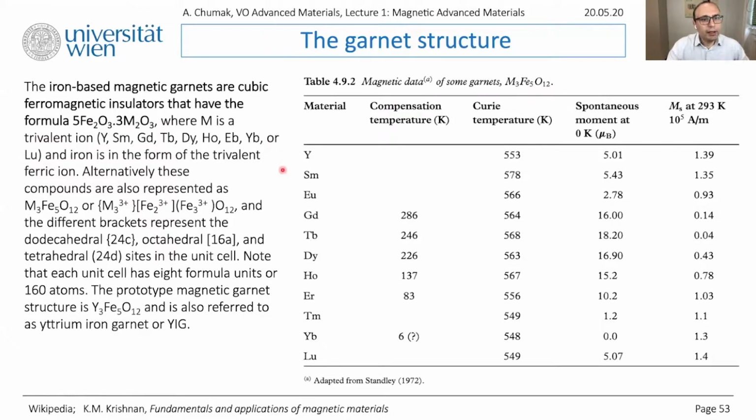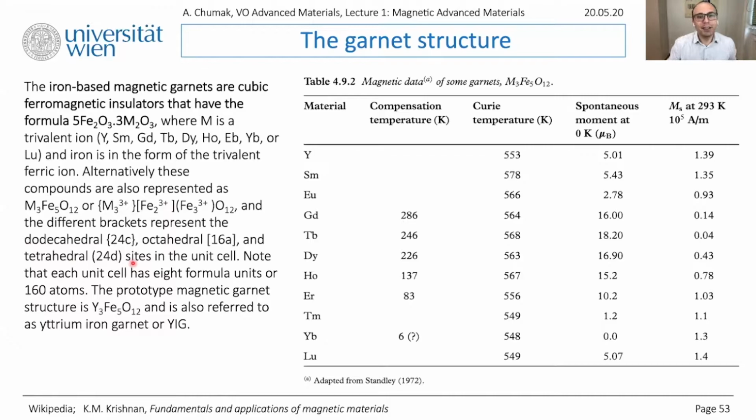Yeah, so again, this is a cubic structure, and you can split it in such a formula: M3 3+, Fe2 3+, Fe3 3+, O12. And different brackets represent the dodecahedral 24c, octahedral 16a, and tetrahedral 24d sites.